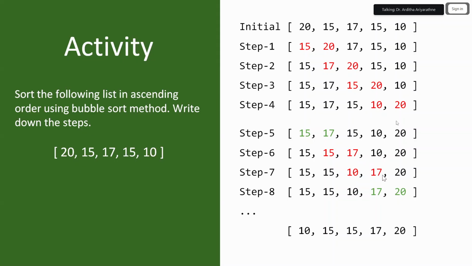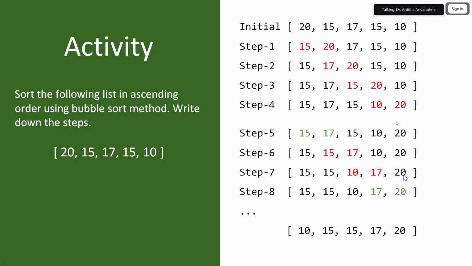In the final round, we compare 17 and 20, but no need to swap because 17 is smaller than 20. Then you can see the 17 remains here.